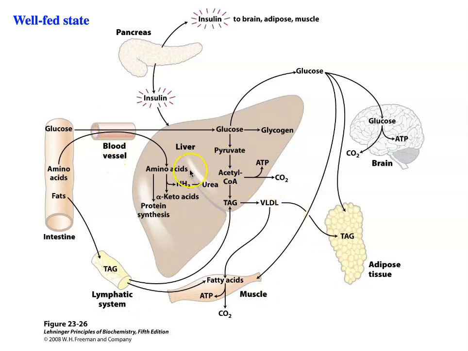The amino acids, when they enter the liver, since this is a well-fed state, if they are used for protein synthesis, great, and that's usually what they're used for. But if the body is fully supplied with energy, and they are not used for protein synthesis, they will be degraded to alpha-keto acids and then used primarily for fatty acid synthesis and triglyceride synthesis.